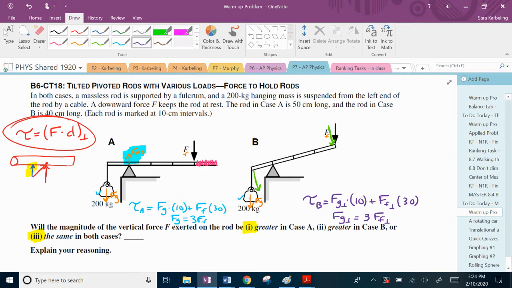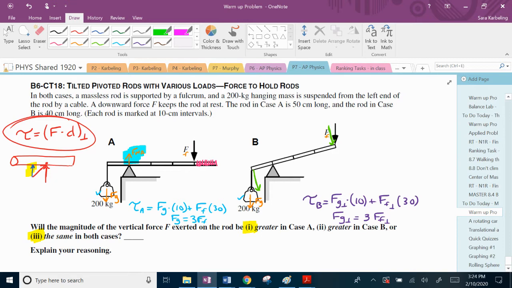These green ones here are parallel to each other because they're both perpendicular to the rod. But Fg perpendicular has to be 3 times Ff perpendicular, yeah?